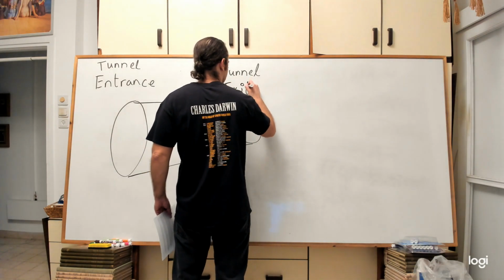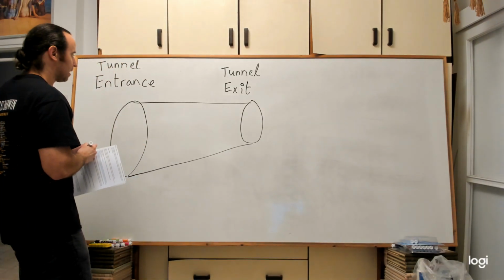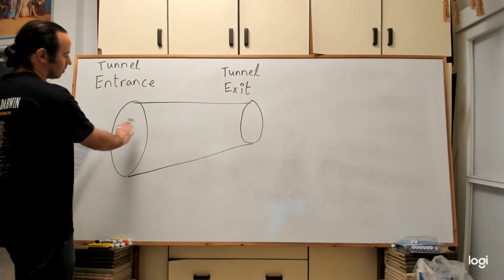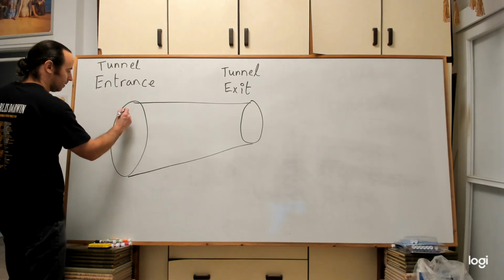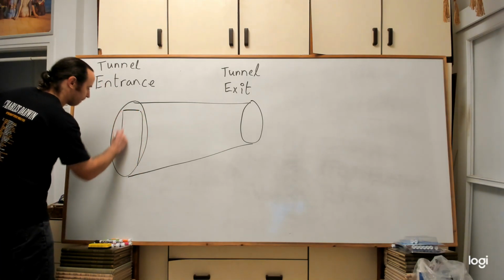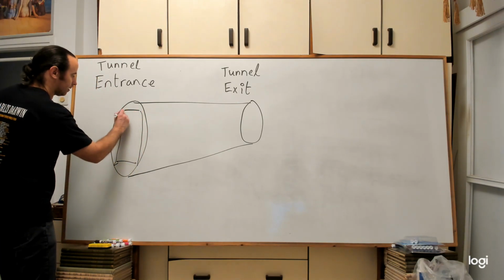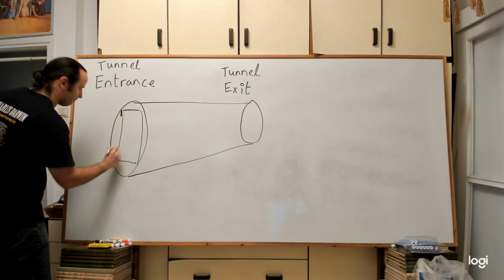I'm leaving room because there is another tunnel here, you will see. And here is a door, but I don't know how to draw the door. But there is a door. Like, this is a door.